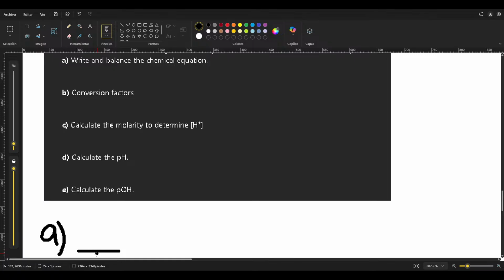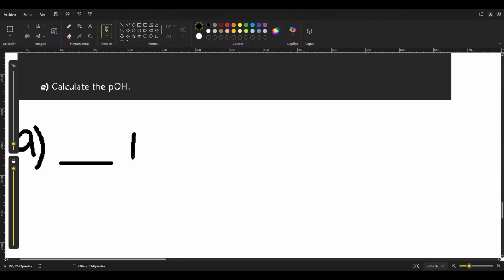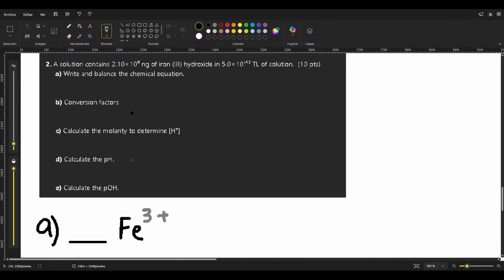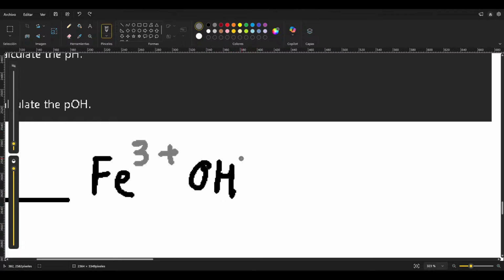Okay, so we're going to leave the space for the numbers, and we're going to write down this formula. So iron 3, this means iron with a positive 3 charge specifically, and hydroxide, so OH minus. So this means there's going to be the 3 here, and here remains an invisible 1.